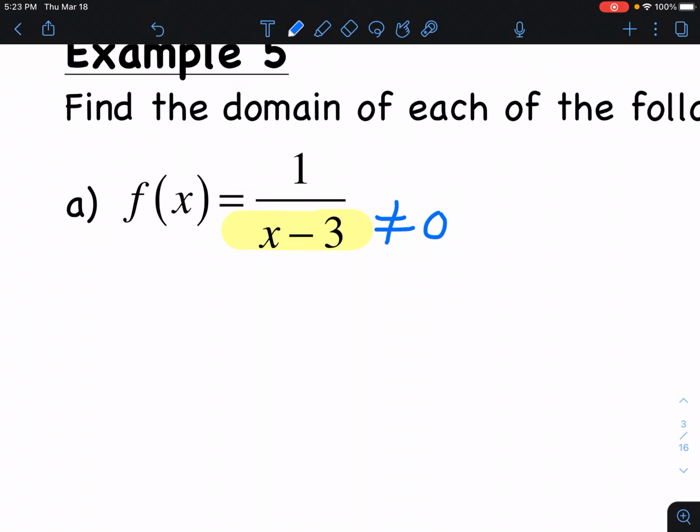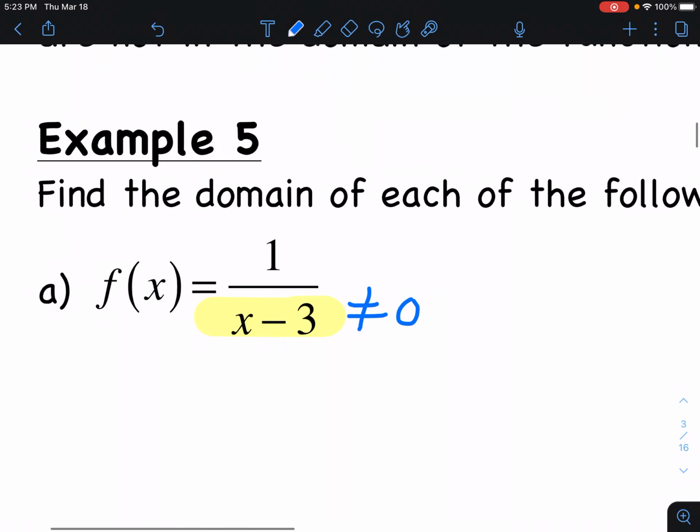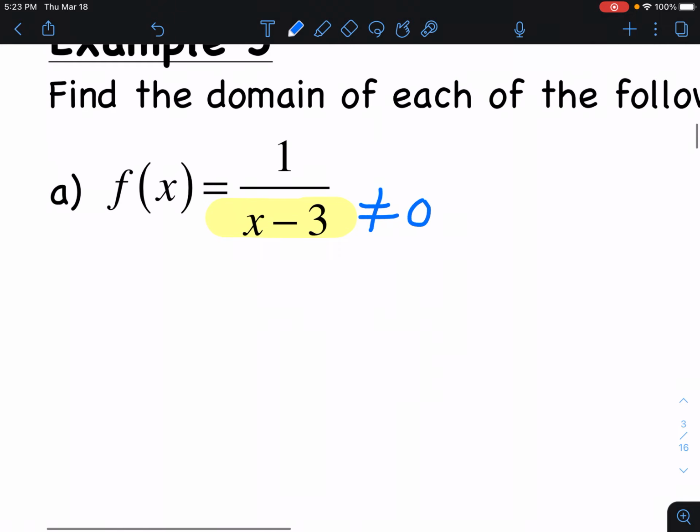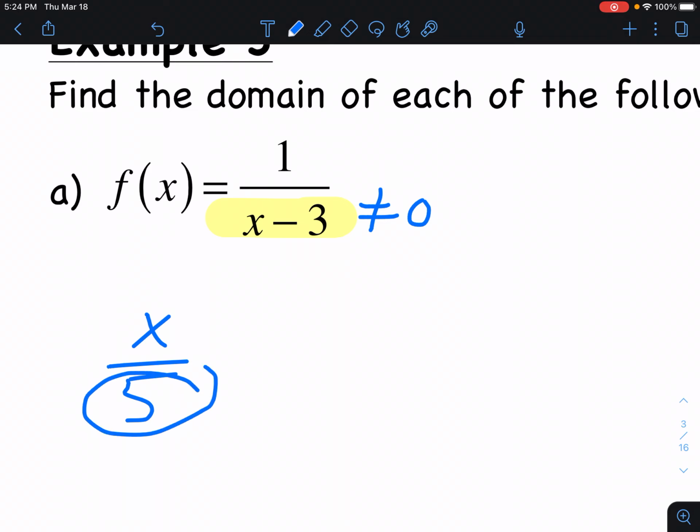By the way, I do want to iterate that it's only when a variable is in the denominator. Like if you had, say, a function of x over 5, this is just a side problem here. That's okay. x can be any number in the world because there's no x in the bottom. So there's only a restriction when it's a fraction where a variable is in the denominator.